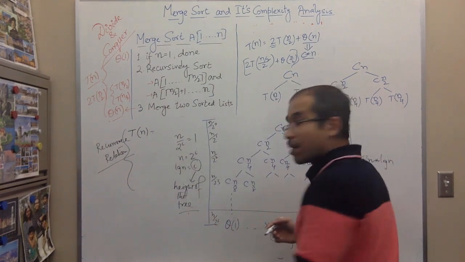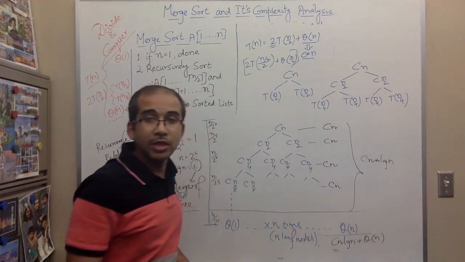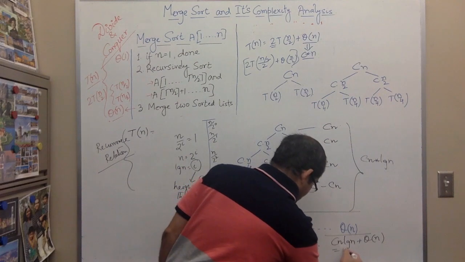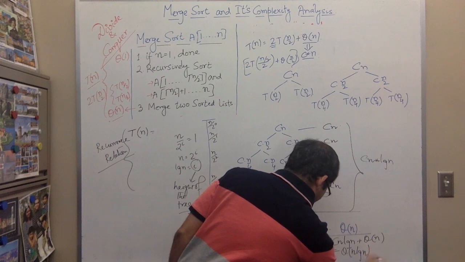If we sum them up, it becomes Cn log n plus theta of n, which is equal to theta of n log n.